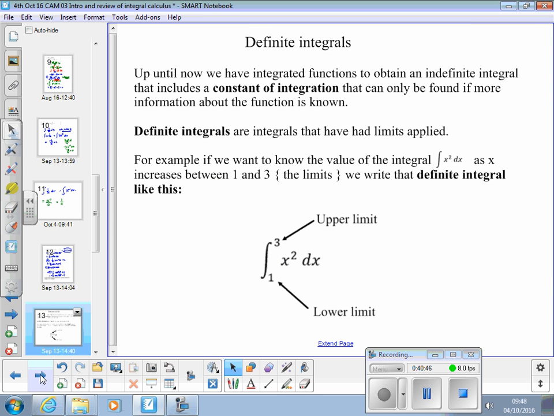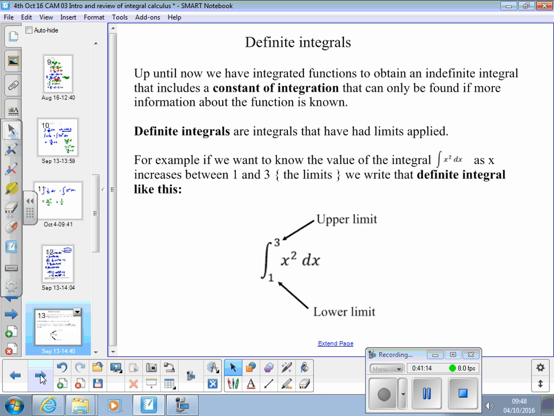So, definite integrals. Guys, please. Up until now, we have integrated functions to contain indefinite integrals that include a constant of integration. But that constant of integration can only be found if you know some more things, Curtis, about that function.